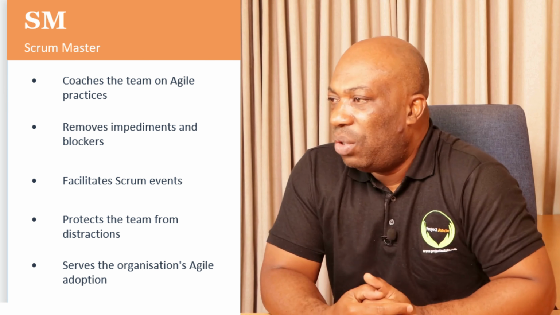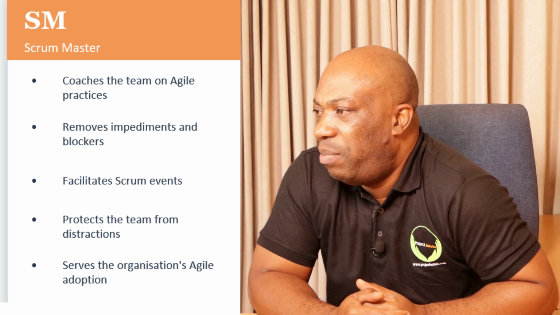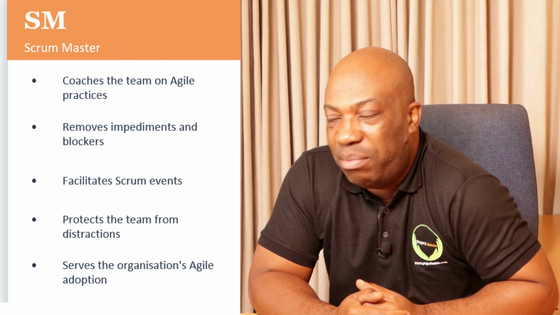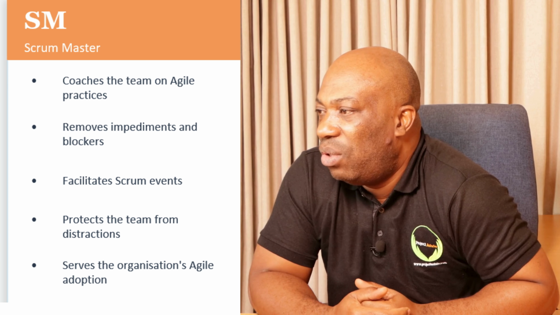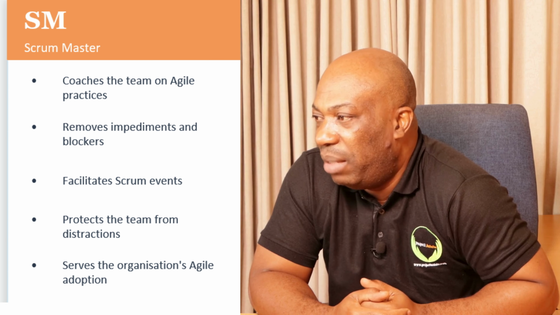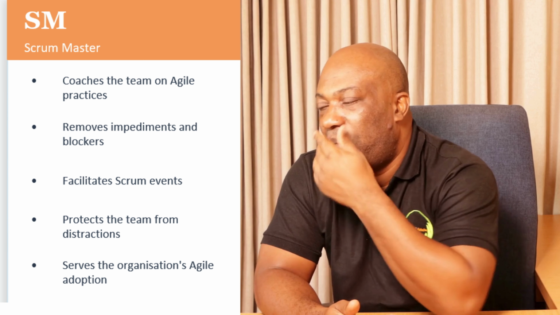So let us look at what is expected of this Scrum role in an Agile environment. A Scrum Master is expected to coach the team on Agile practice and is also expected to remove impediments and blockers.